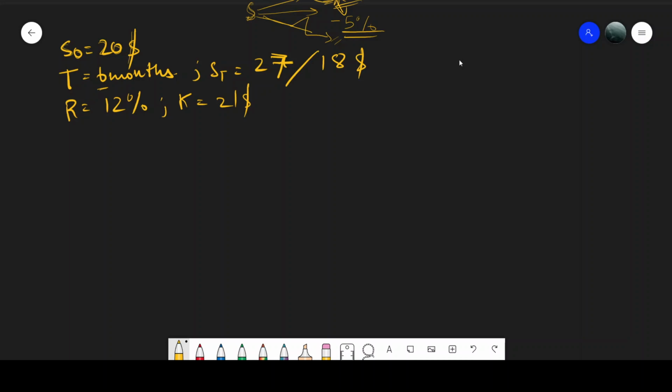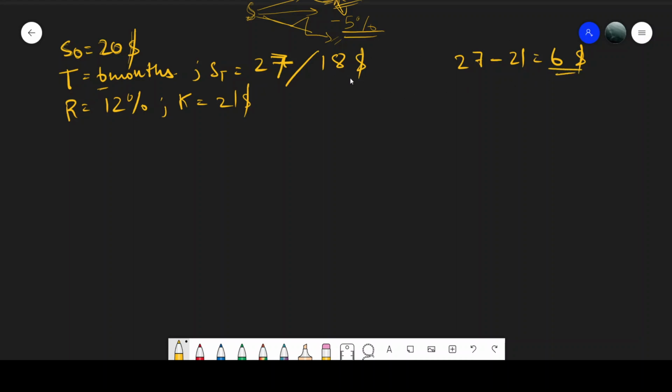So this is going to give me a profit, right? Because 27 minus 21 is equal to 6. So I'm going to get a profit of $6 on each stock that I buy, because even if the price is $27 after 6 months, if I'm getting the stock at $21, I can just sell it back in the market at 27 and get a profit of $6.